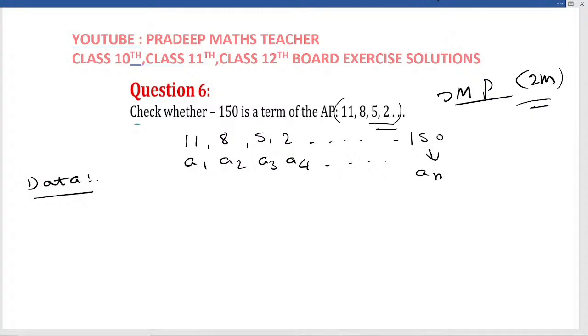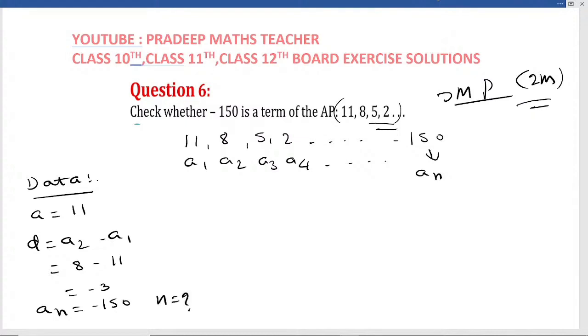The a value, the first term, is 11. You need to find the common difference, a2 minus a1. So a2 is 8 minus 11, therefore the common difference is minus 3. Here an is minus 150 and you need to find whether this minus 150 is a term or not, so n equals question mark.